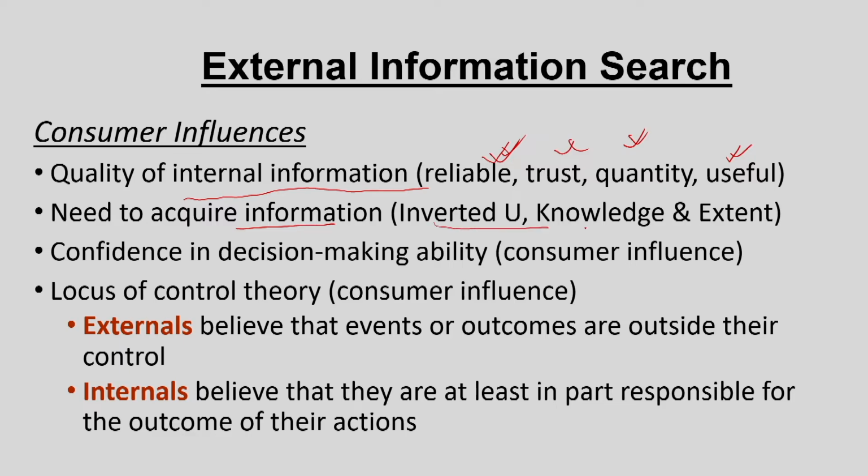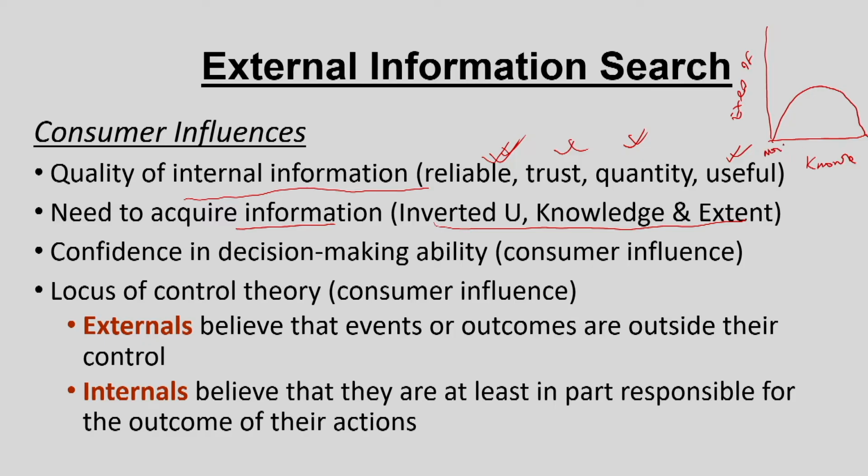Now there is an inverted U relationship between knowledge and the extent of information search. So what I am going to do is a very simple drawing here. On this end I have the knowledge about the product, and on this end the extent of information search.